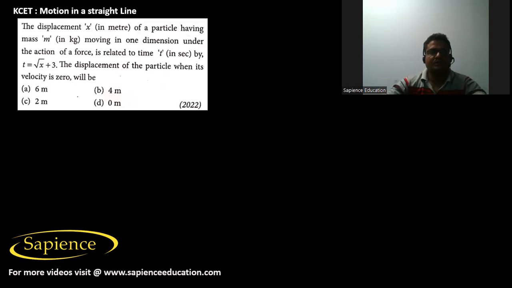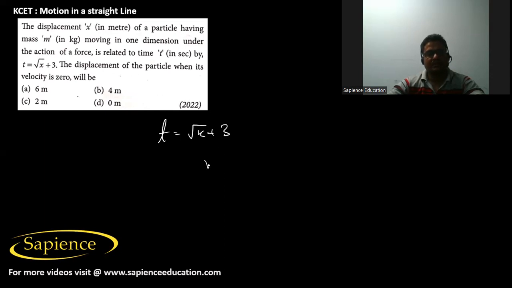Then it is told the displacement x in meter of a particle having mass m moving in one dimension under the action of a force is related to time t by t is equal to root over x plus 3. The displacement of the particle when its velocity is 0 will be.